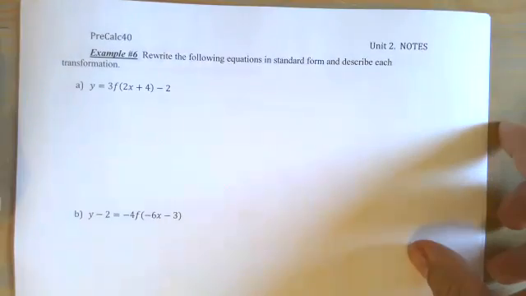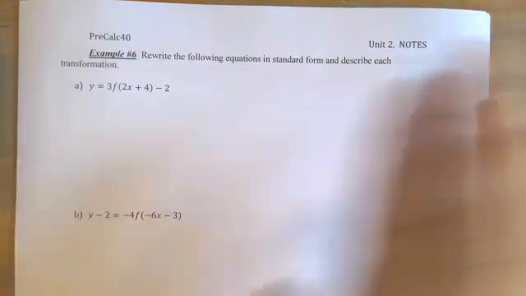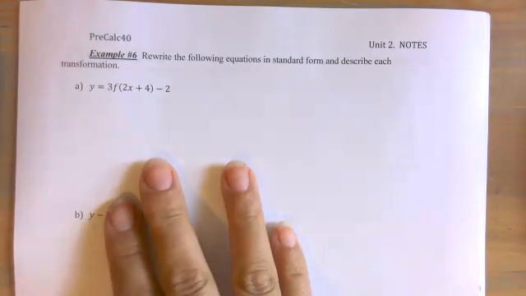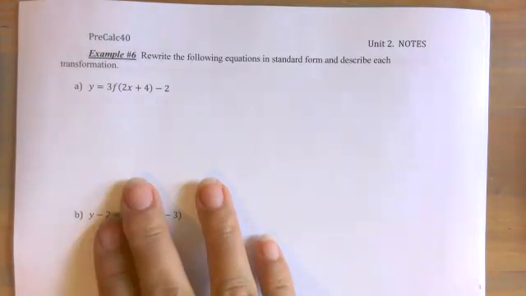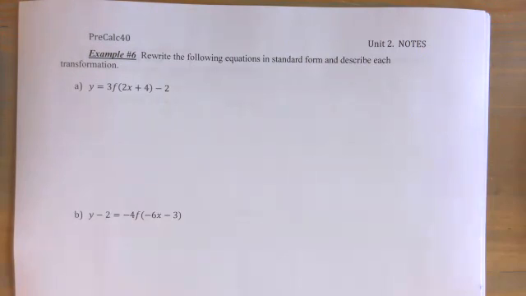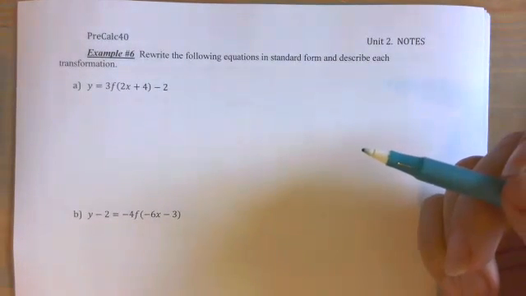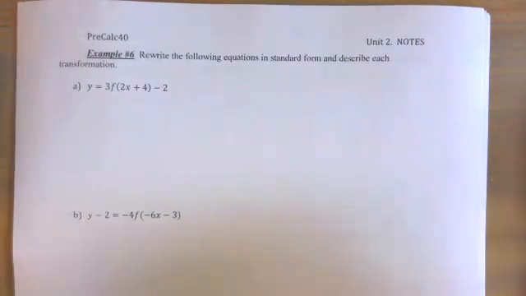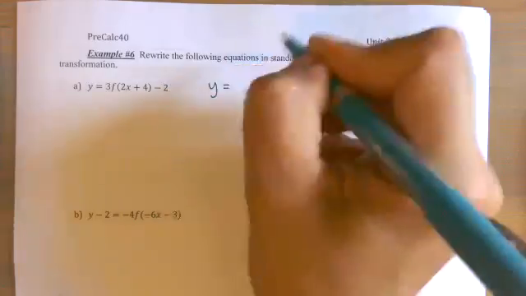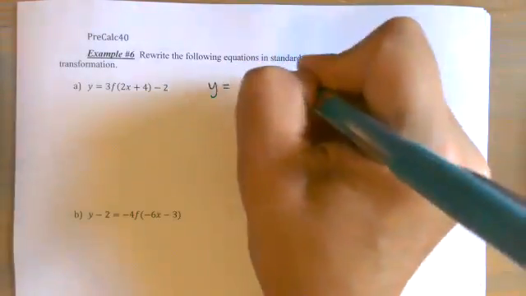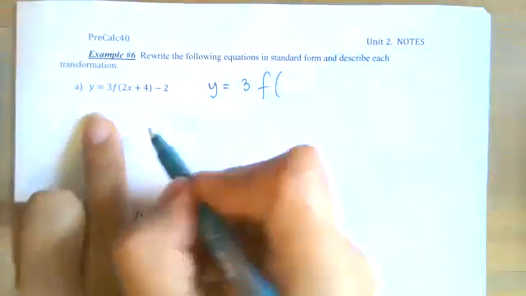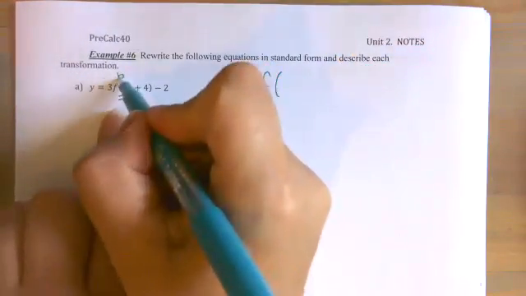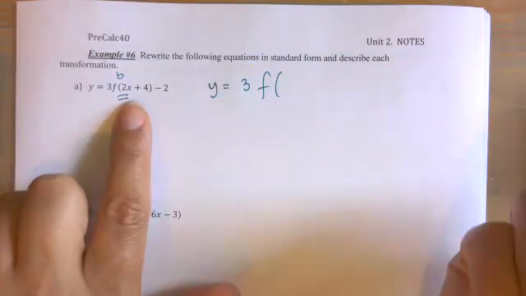So in example 6, we're going to rewrite each of the following equations in standard form, and we're going to describe the transformations. So let's start with A. Y equals 3f bracket 2x plus 4 minus 2. So we're going to say y equals 3 times f of. Now here, remember, this is our b, it always has to be factored out.